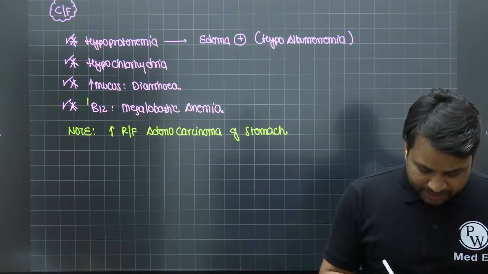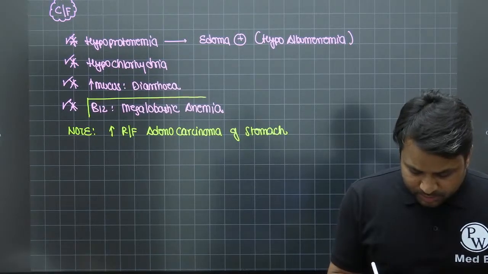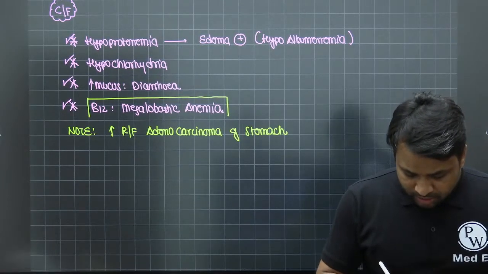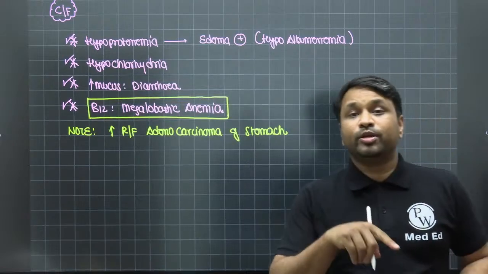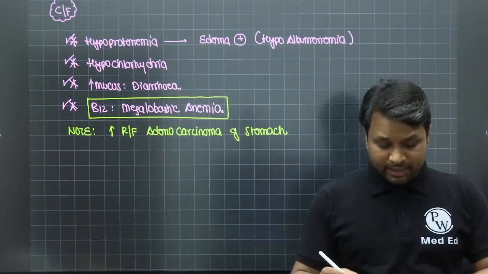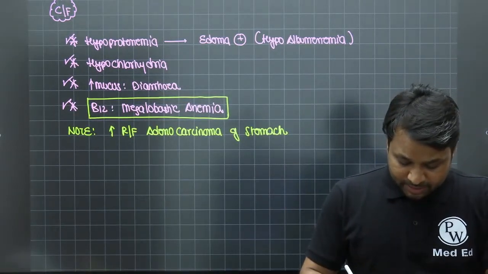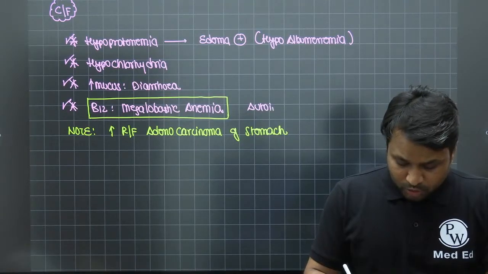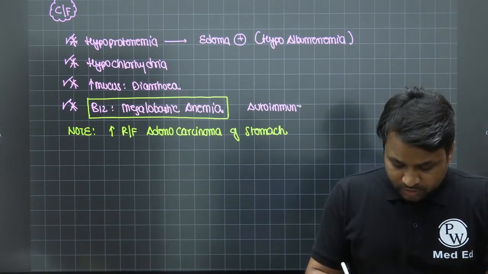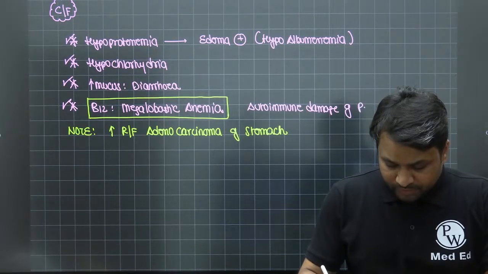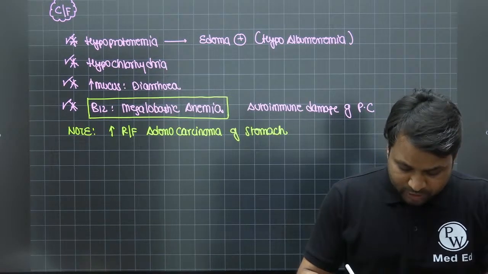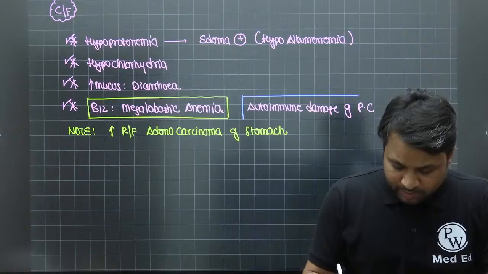This B12 deficiency can be associated with megaloblastic anemia, but when the B12 deficiency occurs because of autoimmune destruction of parietal cells, which can happen in Menetrier disease, remember, it can associate with autoimmune damage of parietal cells. Now, if there is an autoimmune damage of parietal cells, there will be B12 deficiency.